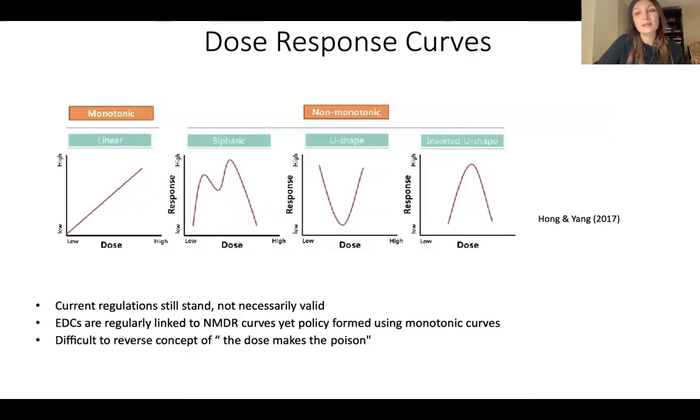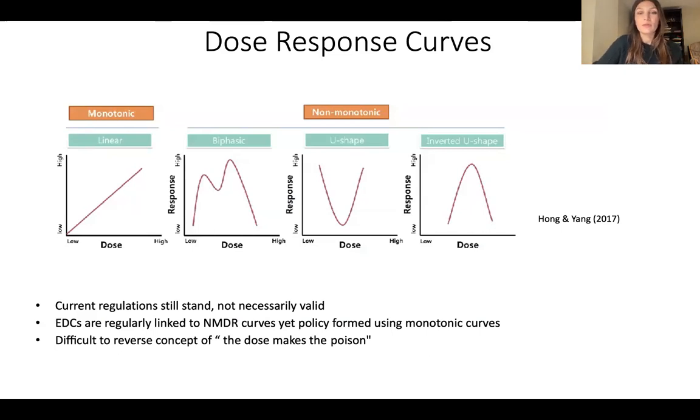One of the last things I wanted to mention was the importance of dose response curves. Endocrine disruptors are regularly linked to non-monotonic dose response curves. So it's not a linear curve. But policy has been formed using monotonic curves where the dose makes the poison, so the less amount of exposure isn't as harmful for you.